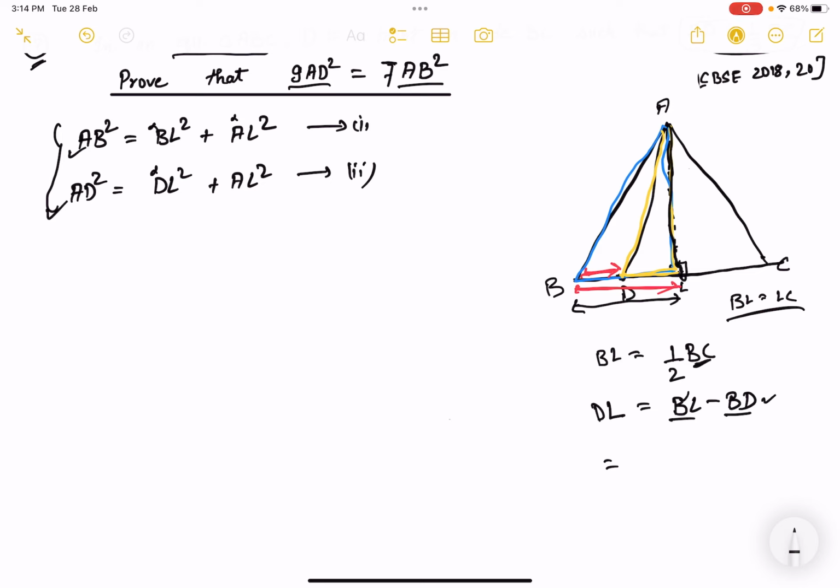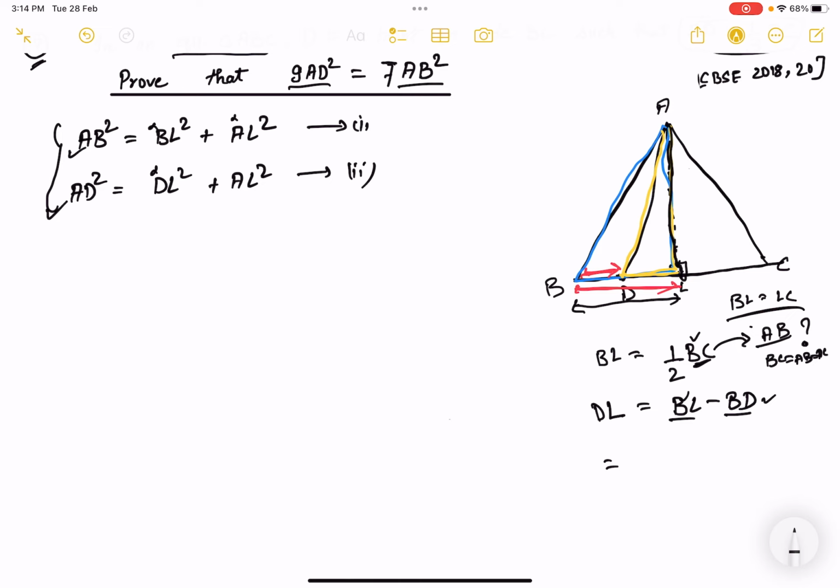Here also we have BC, and ultimately we will replace BC with AB. Why? Because the triangle is equilateral and BC is equal to AB, which is also equal to AC. Okay, so this is our methodology to solve this question. So let's proceed.